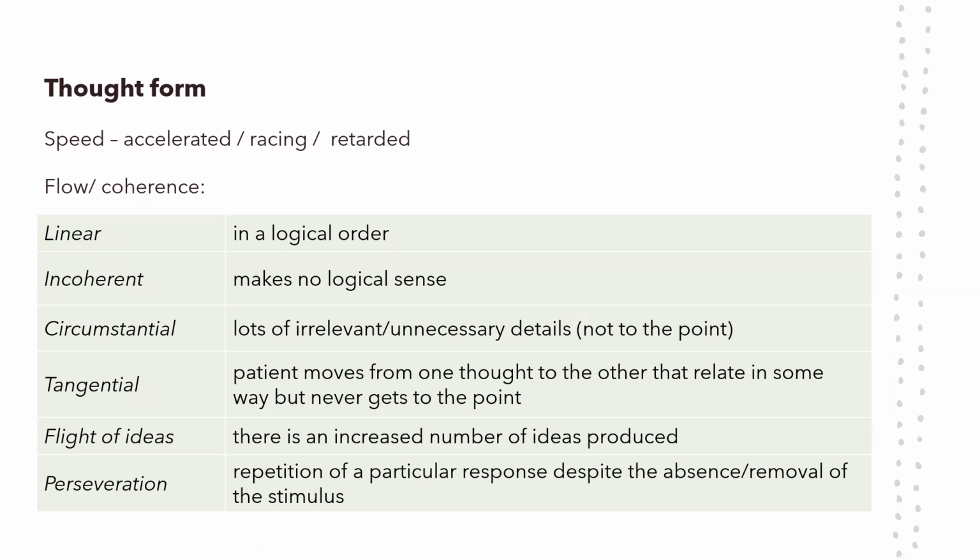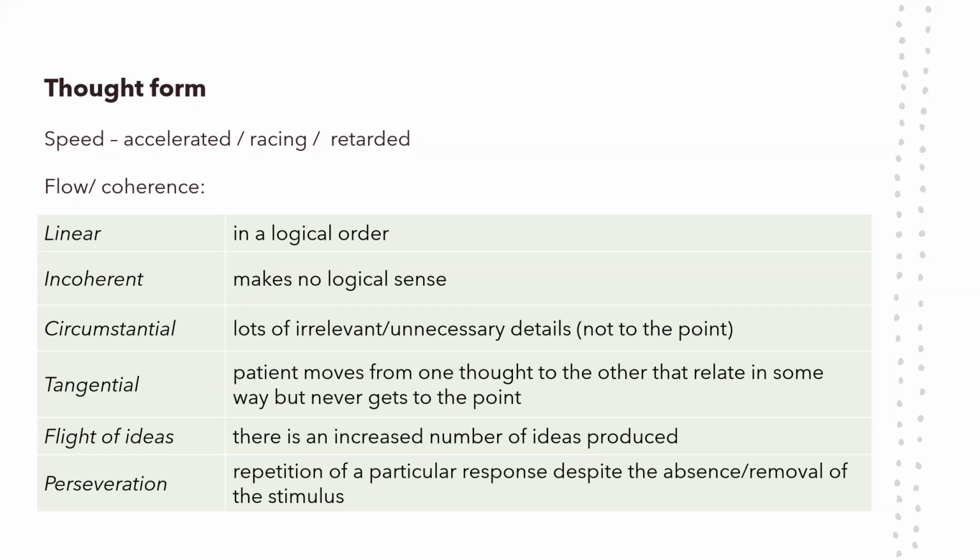Now, I'll say a few questions that you can ask in your history taking to find out more about the thought form. So you can say something like, do your thoughts seem faster than normal? Or does your mind seem to be slowed down? Or do you ever feel that your mind is suddenly wiped out blank and you have no thoughts at all?